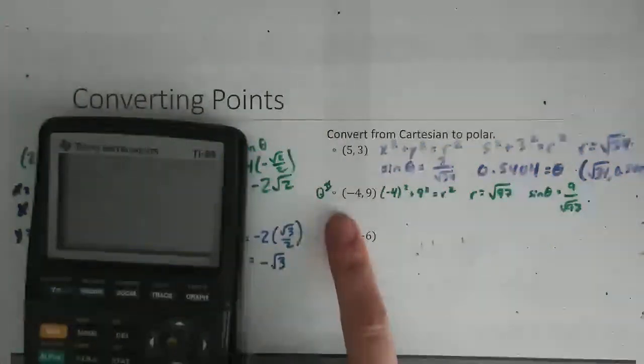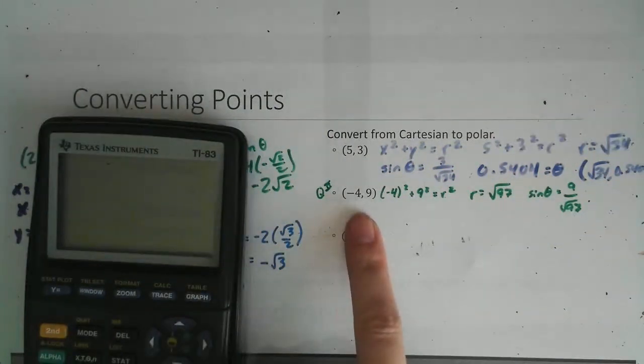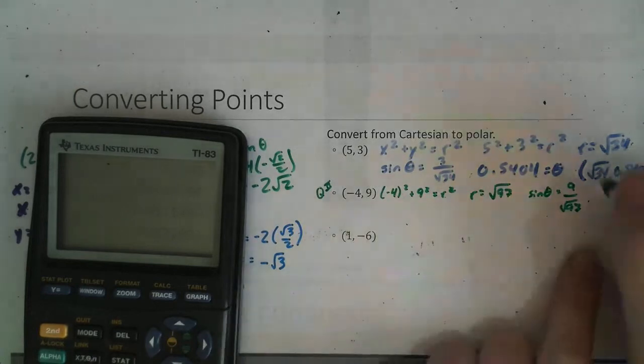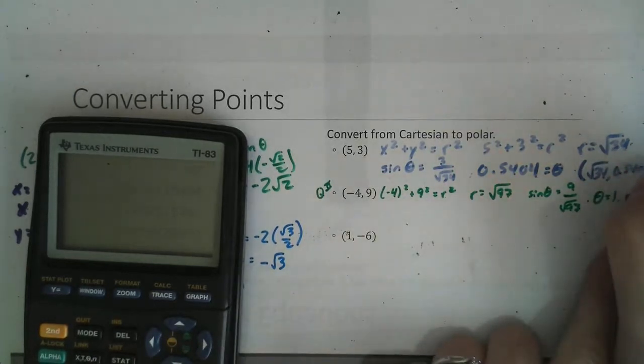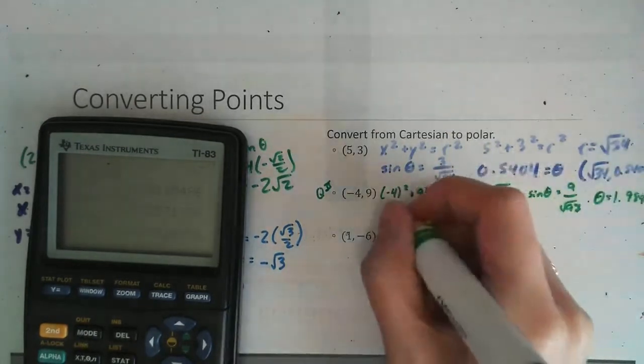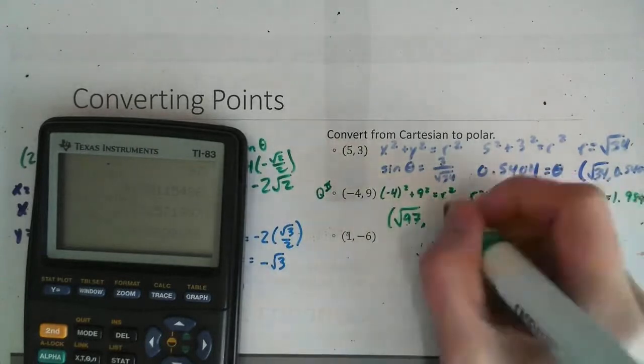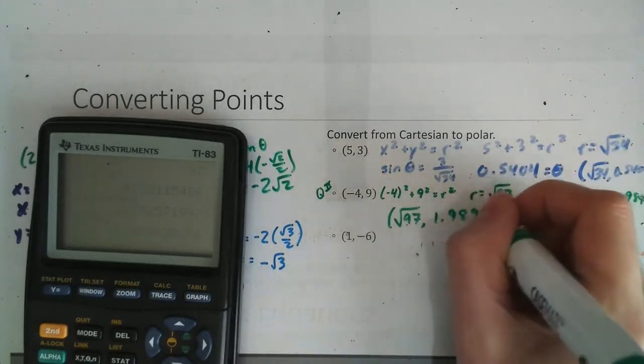We said we wanted quadrant 2 because we have a negative x value and a positive y value. So if I take pi minus what they just gave me, I get that my theta in quadrant 2, which I'm looking for, is 1.9890. So this is the ordered pair square root of 97 comma 1.9890.